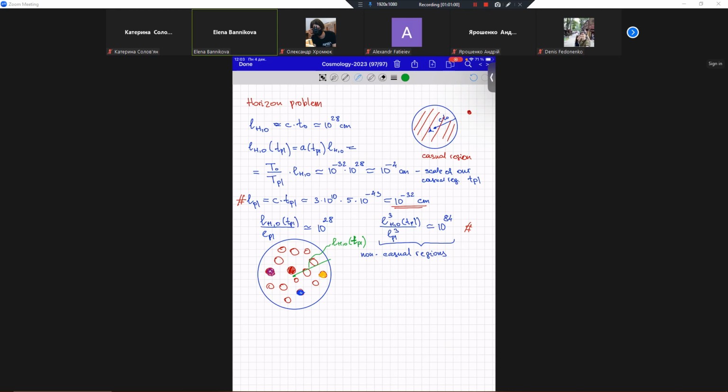It should be that inside of this scale we could have many regions with principally different conditions. So this point contradicts the cosmological principle.